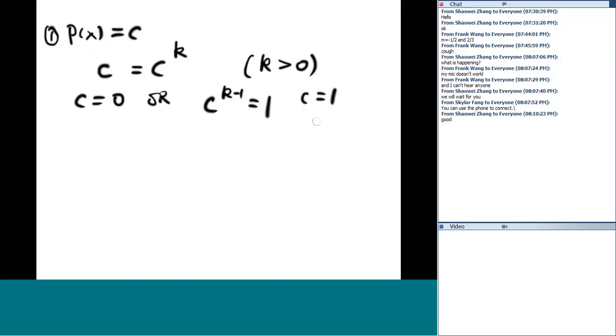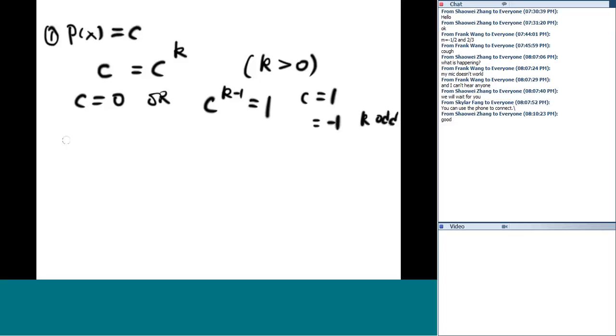So the k already tells you it's determined, so C can only either equal 0 or C^(k-1) equals 1, so C equals 1 or minus 1 if k is odd.